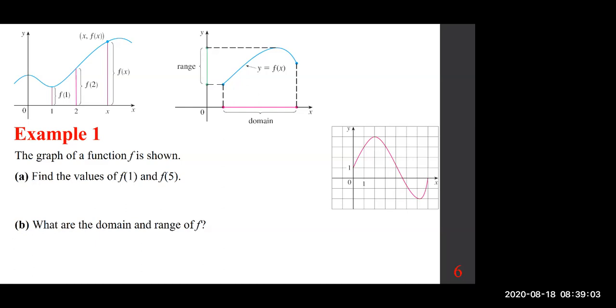You're looking at the graph on the right side. You want to find the values of f of 1 and f of 5. Okay. Now, along the x-axis, you look for 1. Along the y-axis, you look for the y-coordinate of that. That becomes f of 1. And I hope everybody can easily see what point we are referring to.